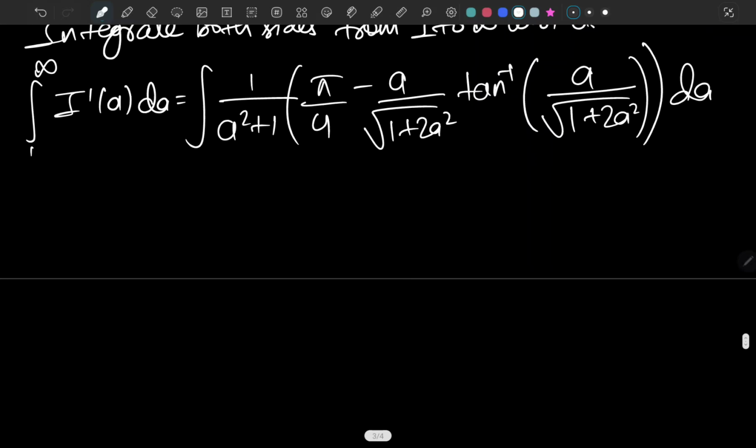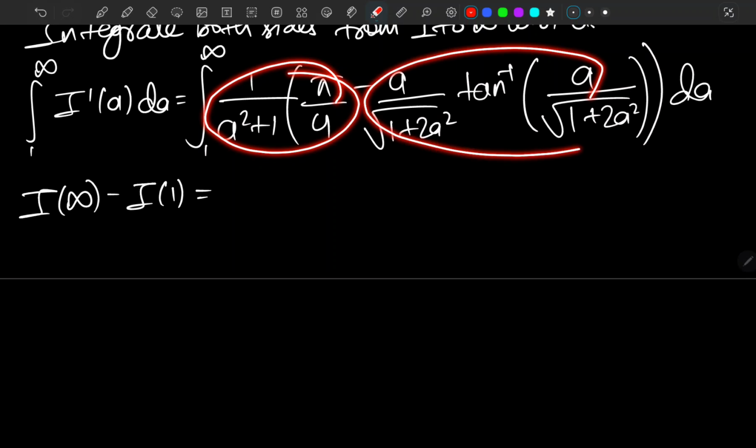And when you integrate this, that's finally going to give us I of infinity, and that is why we evaluated I of infinity at first, minus I of 1, that is from 1 to infinity, right? So yeah, we are just going to break this into two integrals apart.